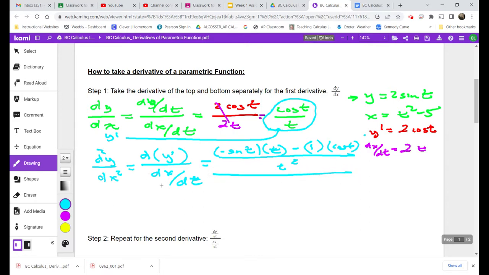All over the derivative of dx/dt, which is 2t. Oops, this whole thing actually goes down here. Sorry, guys, I messed these notes up completely.